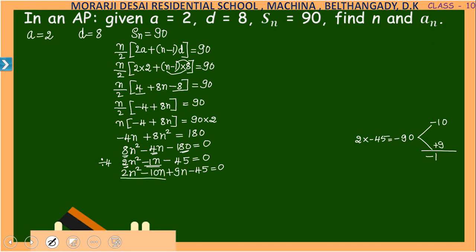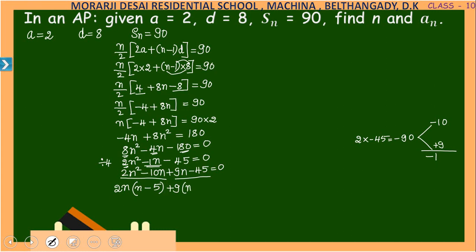Now group first and second term together, third and fourth together. In first and second term, common terms are 2 and n. If I take 2n outside, remaining n minus 5. In third and fourth term, common term is 9.